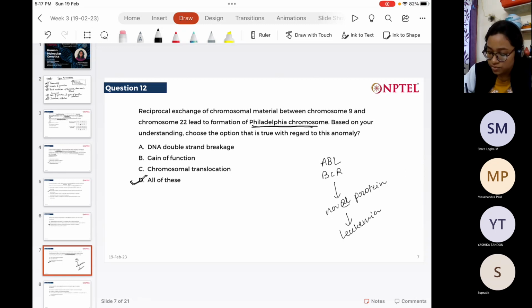So this novel protein formation is termed here as gain of function, right? We are getting a new protein, and one segment of chromosome 9 is going and fusing with chromosome 22. This is chromosomal translocation, and it only happens when there is a double strand break. So all of these match the events that lead to formation of Philadelphia chromosome.